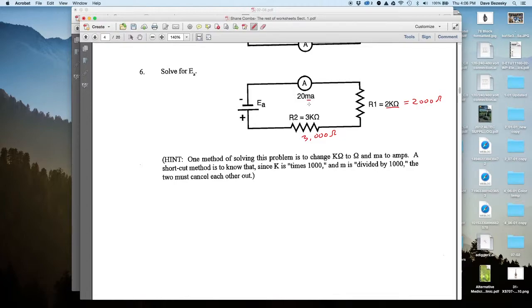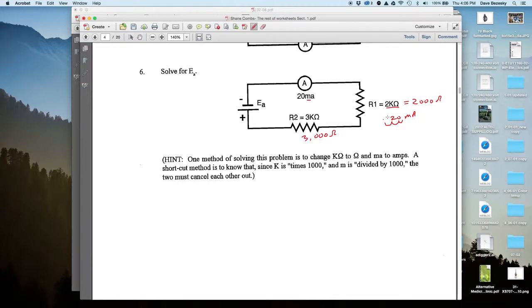The way to convert milliamps to amps is to move the decimal place to the left 3 places. So if we've got 20 milliamps and we want to convert milliamps to amps, we move the decimal place 3 places to the left: 1, 2, 3.